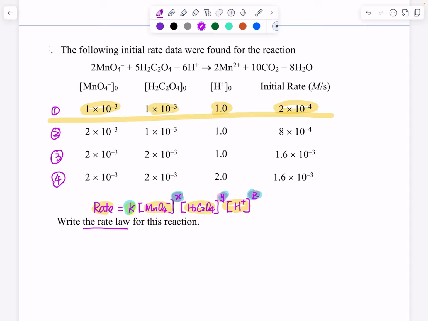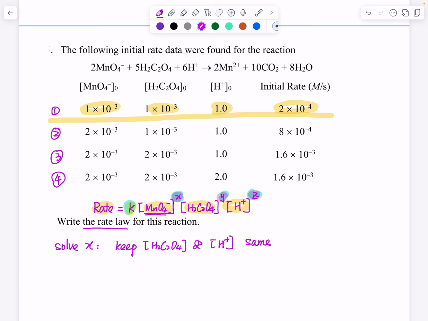So let's start by solving for X, the reaction order with respect to the first reactant, the permanganate ion. Mathematically, the goal is to find two trials that keep the other two concentrations the same and consistent.